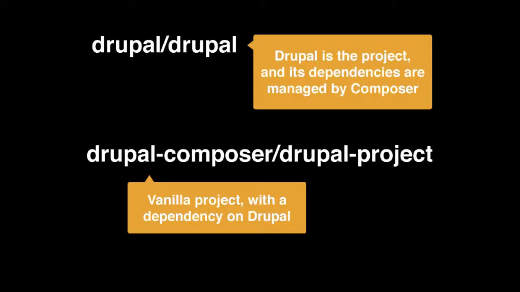Probably the easiest way to explain how these things work is the top one, drupal/drupal. That is the same as if you got the tar file. You get Drupal's own composer.json and lock files, and you can then run composer install and you'll get the vendor directory.